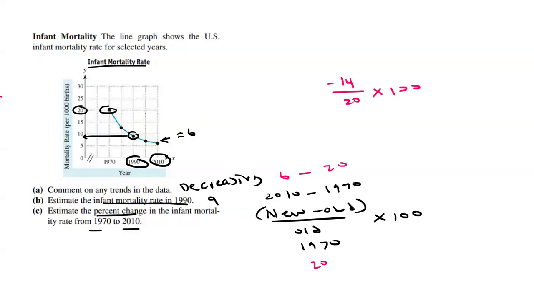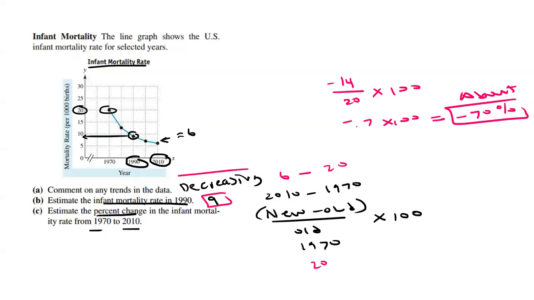Negative 14 divided by 20 is going to give us negative 0.7, and then multiplied by 100 will give us negative 70%. So about negative 70%. Those are our answers for this problem.